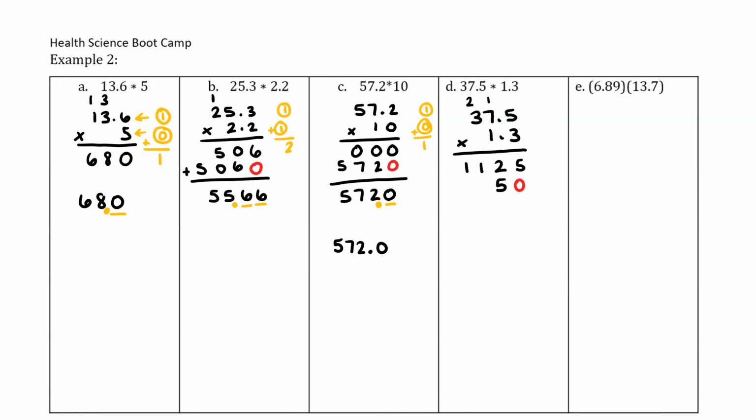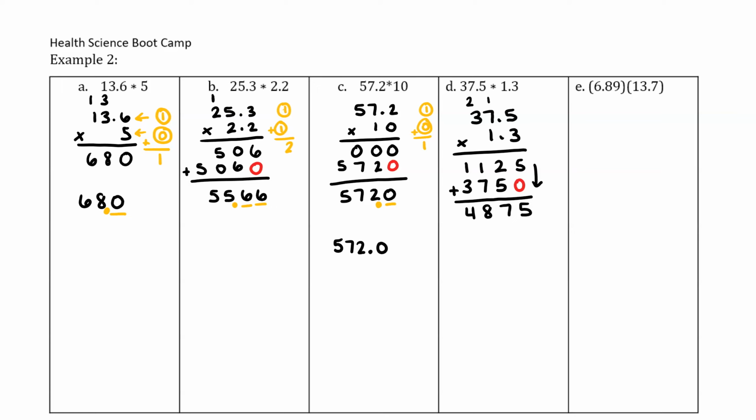1 times 5 makes 5. 1 times 7 makes 7. 1 times 3 makes 3. So now we're going to add these two together because they're partial products. So 5 plus 0 is 5. 2 plus 5 is 7. 1 plus 7 is 8. And 1 plus 3 is 4.